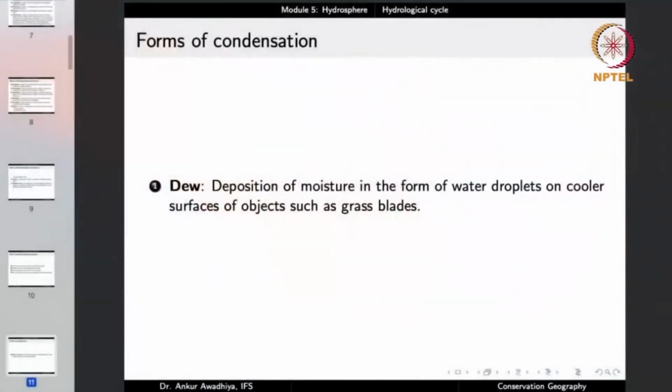Now in this case, because these surfaces are cold, the air that is near these surfaces crosses the dew point, at which point it becomes supersaturated and it begins to shed out the moisture in the form of liquid water. So that is dew.